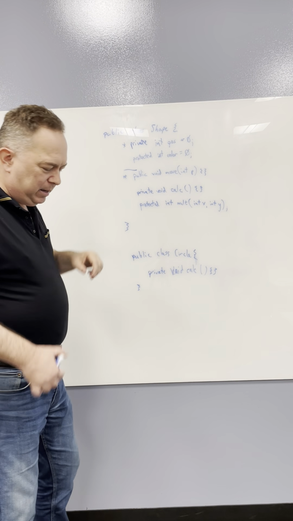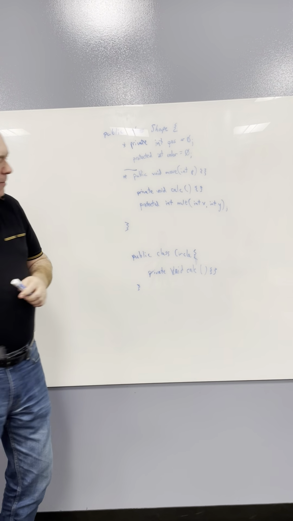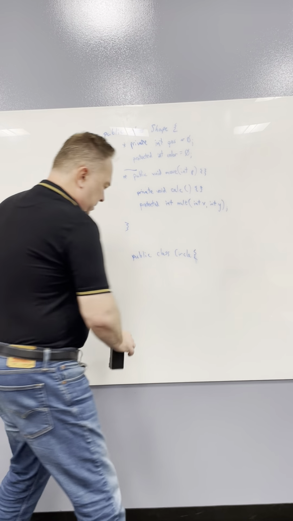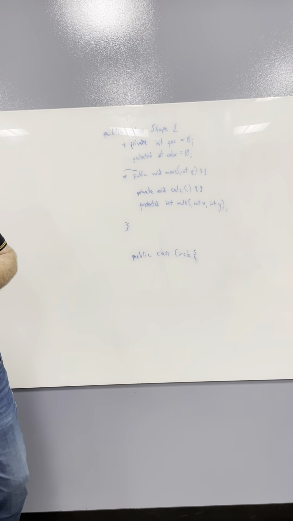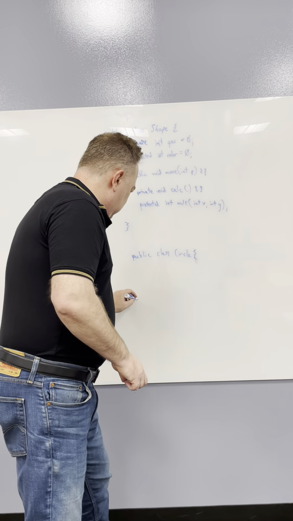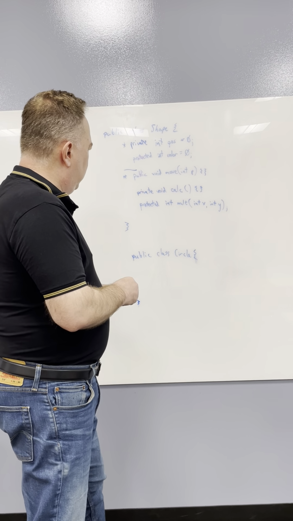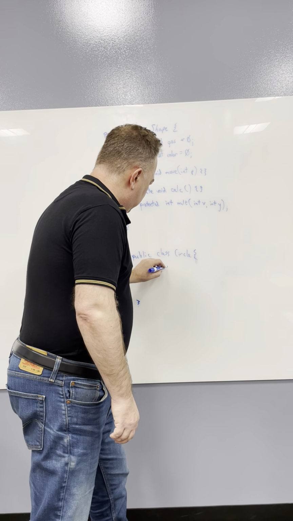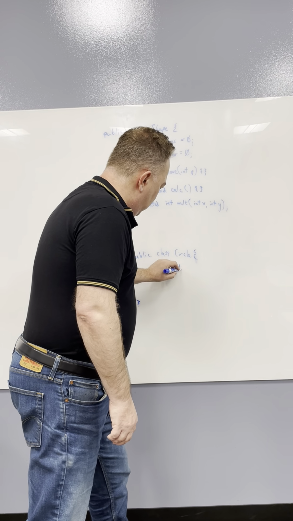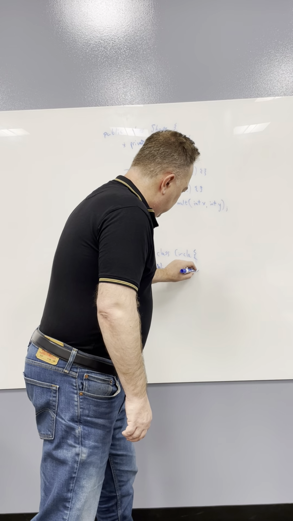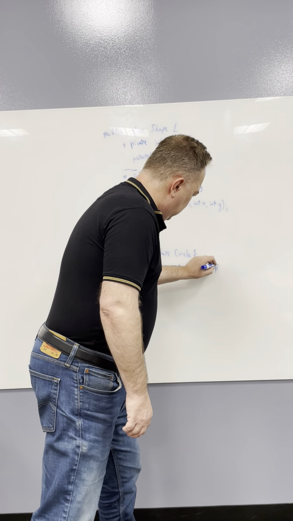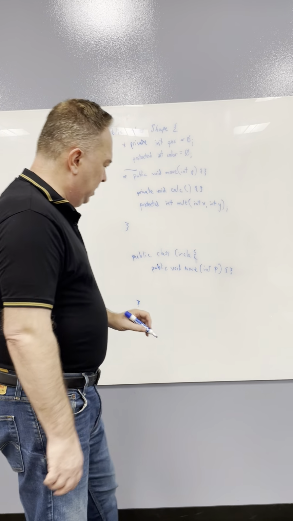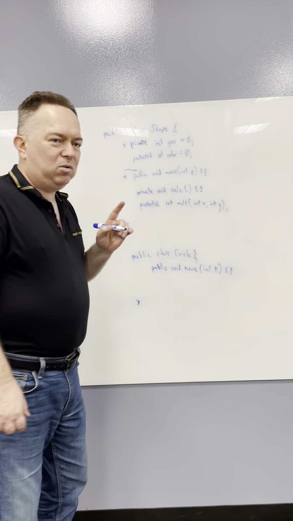Now, let's say I did something like this. Let's say here I have public void move again. Okay, and then down here in some other code, I want to call move.